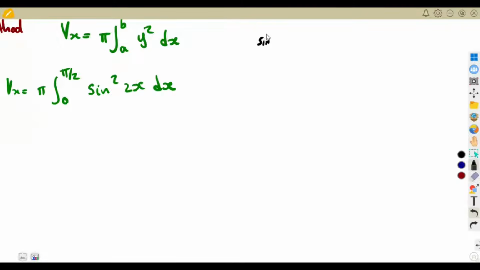That is, remember, that sine squared ax is equal to 1/2 minus 1/2 cos 4ax. Remember our identity.